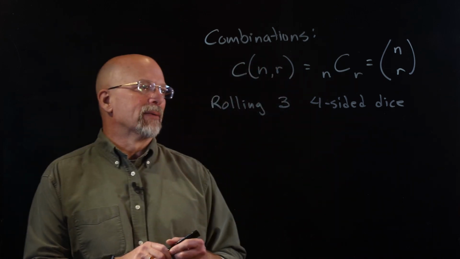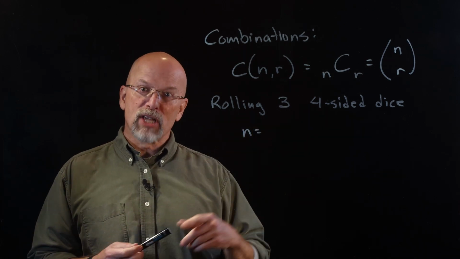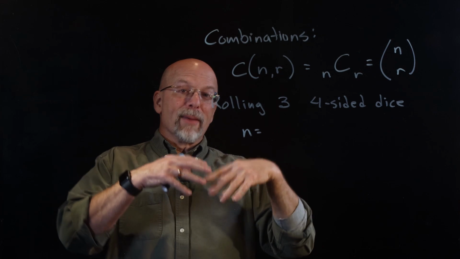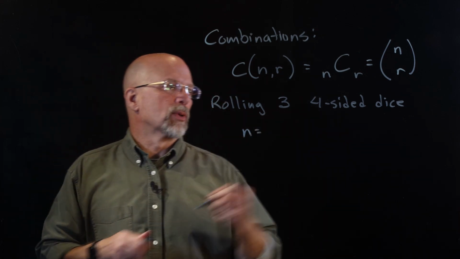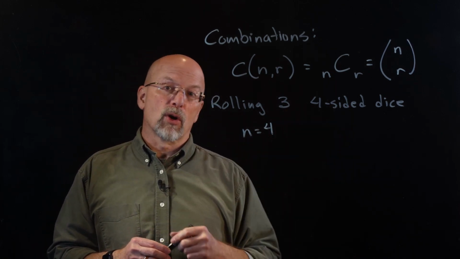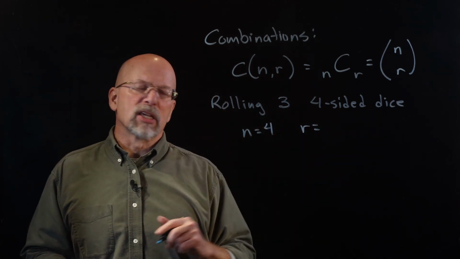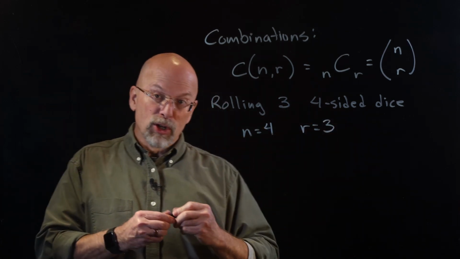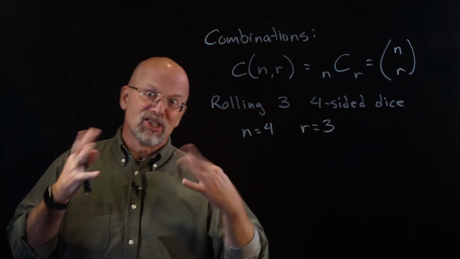So what is n? Well, remember, n is the number of elements from our set. How many different elements can we pull from a set in order to create our sequence? And in this case, it is 4, right? We've got the 4 different numbers on our four-sided dice. What about r? r in this case is equal to 3, because what we're doing is we're going to try and place these four-sided values into 3 slots.